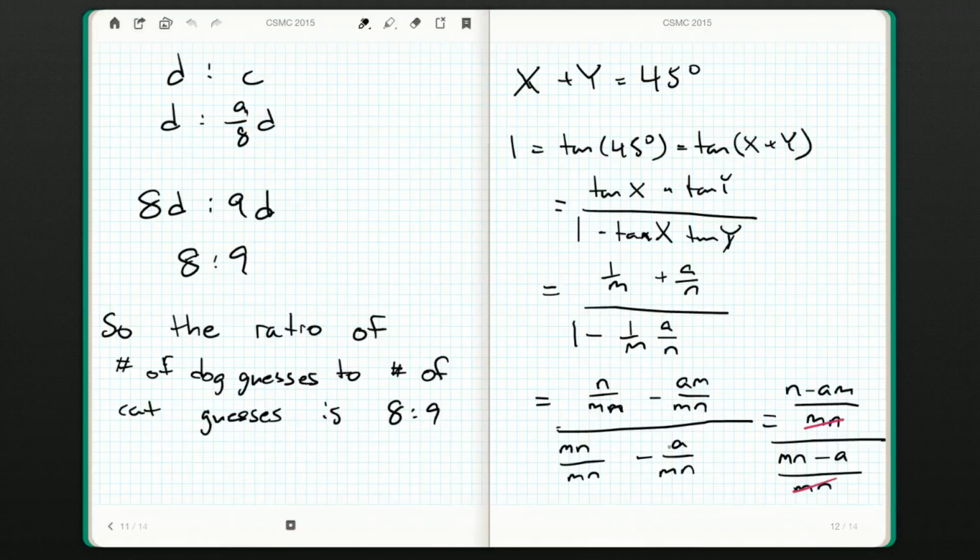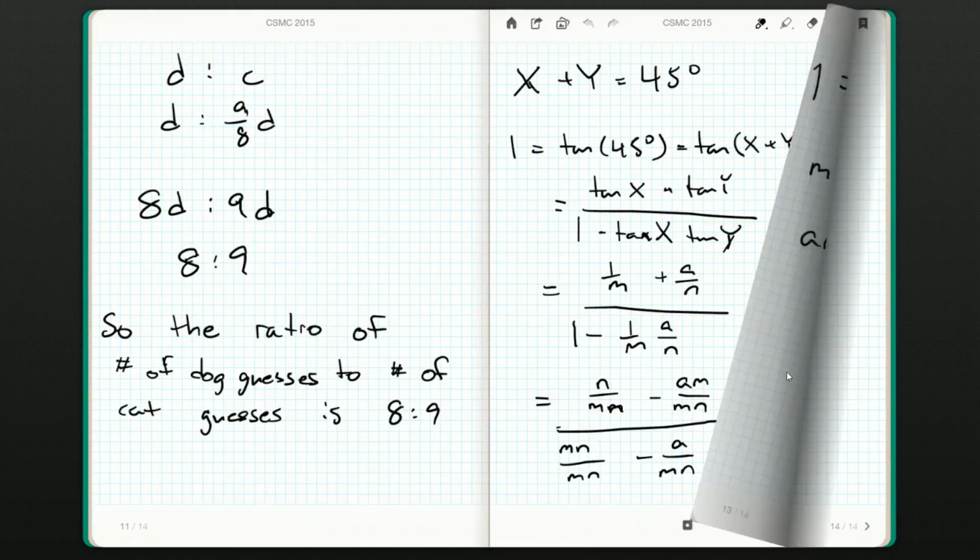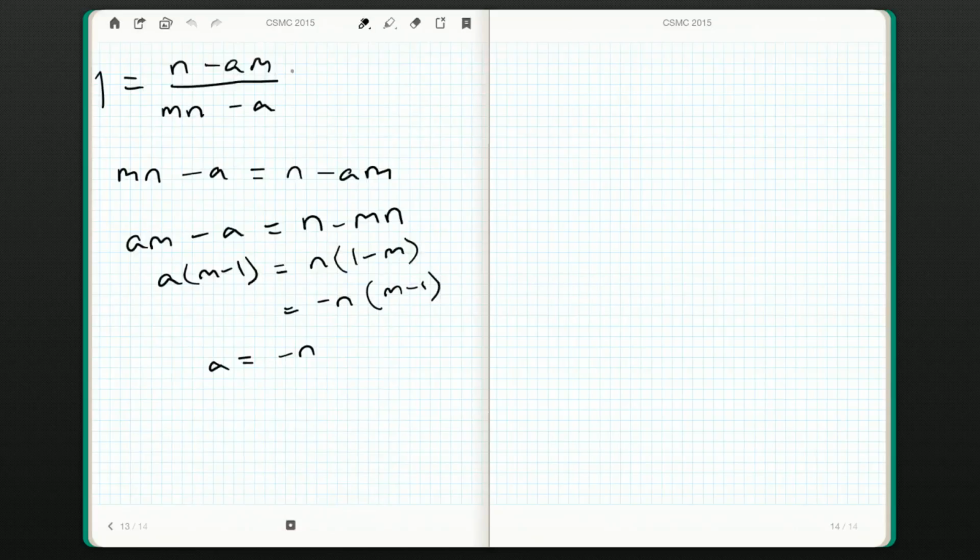What has gone wrong? n minus am over mn minus a. mn minus a has got to be equal to n minus am.